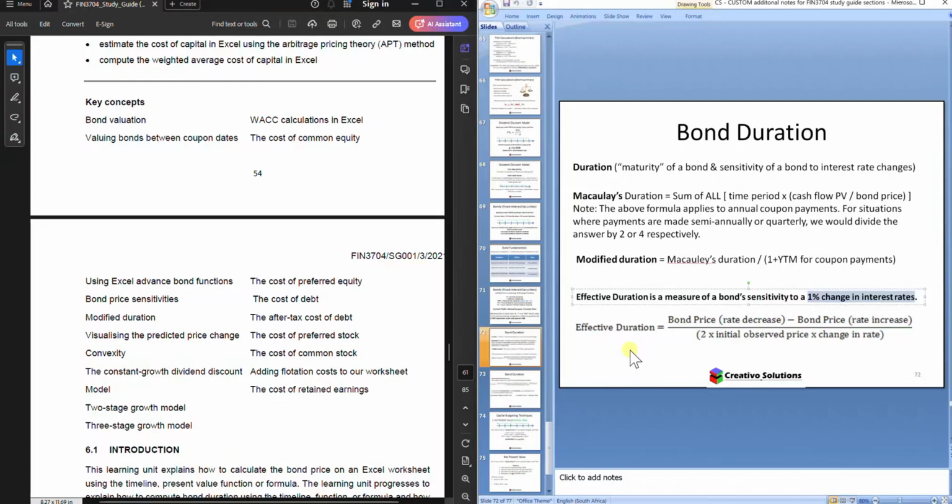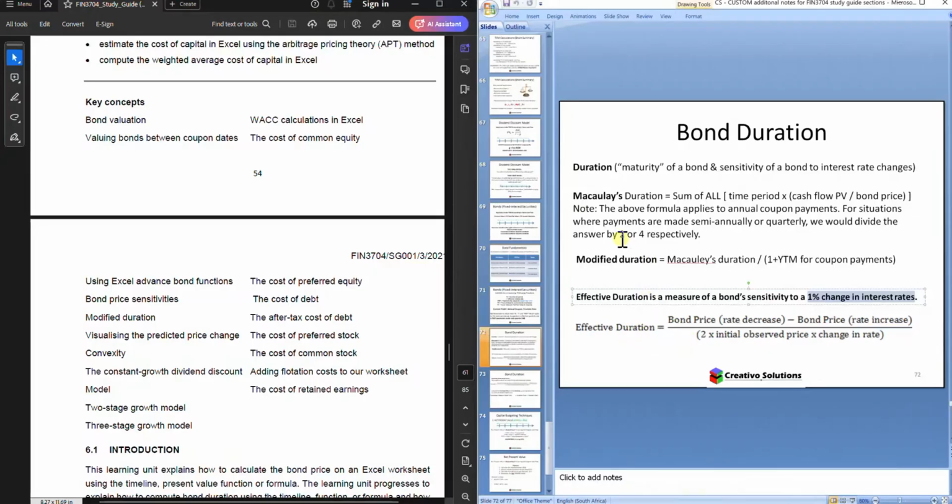So if I'm holding bonds, then those bonds will change significantly if their duration is quite high versus if it were quite low and they weren't very sensitive to a change in rates. All right, so if rates are very volatile and changing a lot and often, then you might want to reduce or find bonds that have a lower duration that aren't as affected by a change in rate.